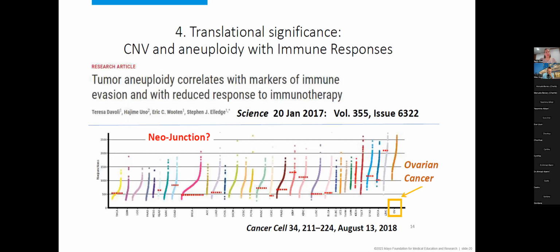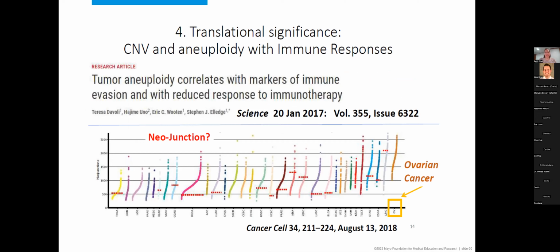And then also there's another paper here, this is another slide from Chen. This is talking about tumor aneuploidy correlating with markers of immune evasion and response to immunotherapy. So you can see ovarian cancer is very rearranged and has a very aberrant copy number state.